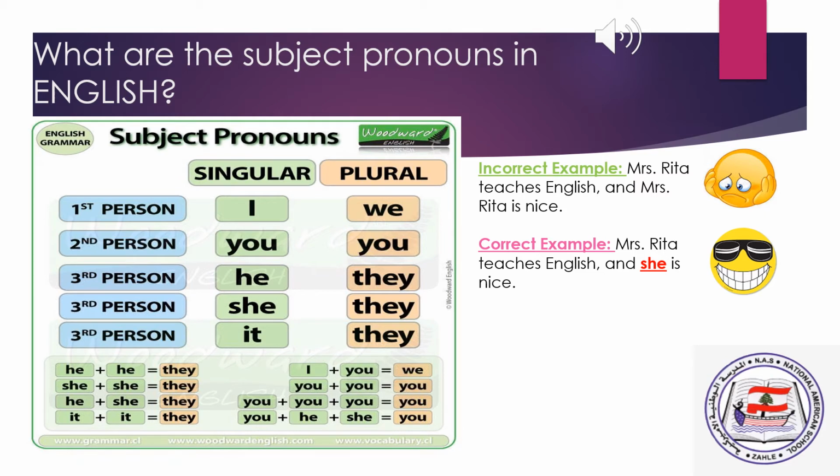We have to replace the second Miss Rita with a subject pronoun. Therefore, the correct way to say the following sentence is Miss Rita teaches English and she is nice. The subject pronoun she refers to Miss Rita.